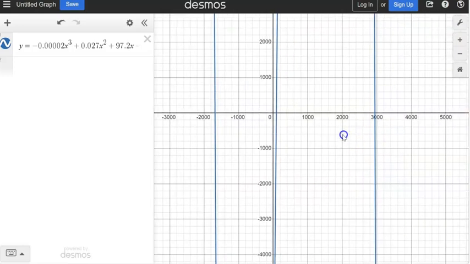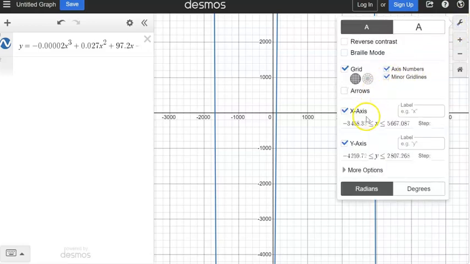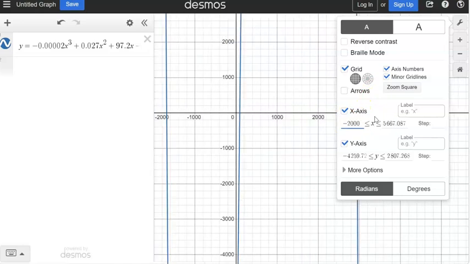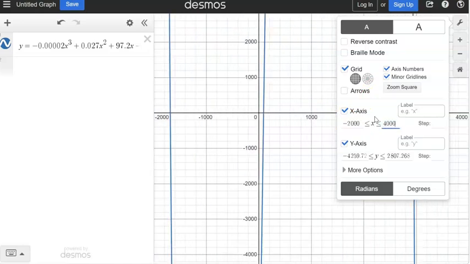This function is crossing the x-axis between negative 1000 and negative 2000, and on the right side you can see it is almost 4000. So we can change our window for x from negative 2000 to positive 4000.